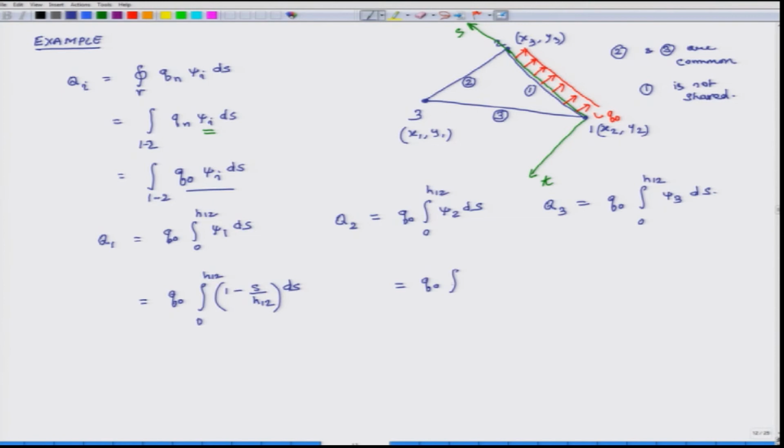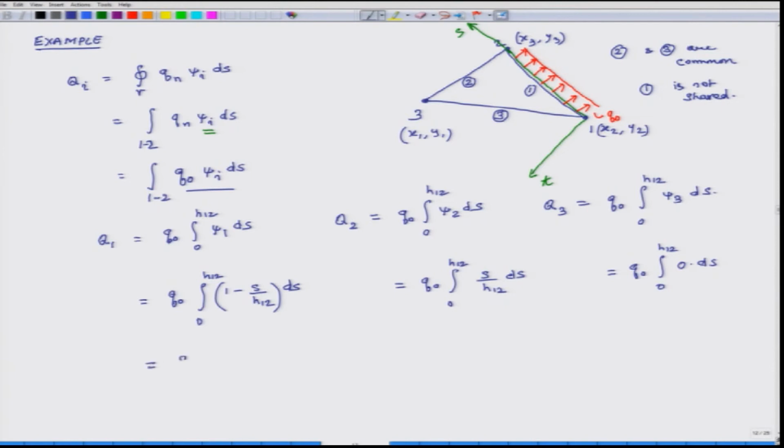Then the second integral is q naught times the integral from 0 to h12. What is the value of psi 2 for side 1? S by A, and A is h12. And what is the value of psi 3 for side 1? 0. Yes.